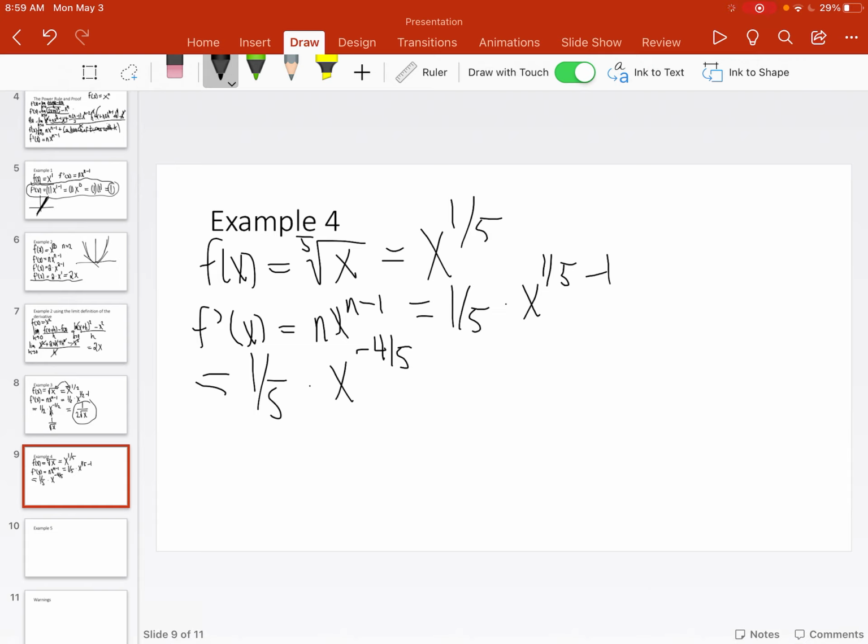Easy, real easy. But it's easy if you have these pre-calc skills, this ability to recognize that this can be written as an exponent. That's a very important skill to have.